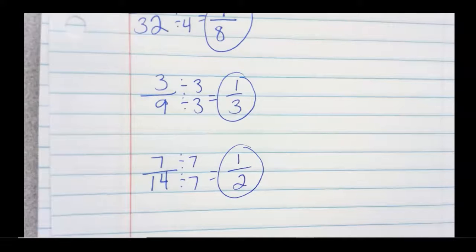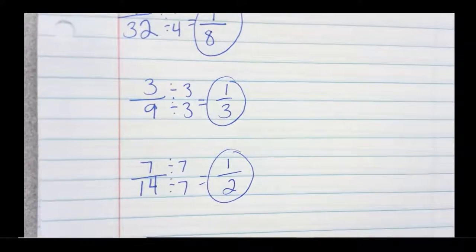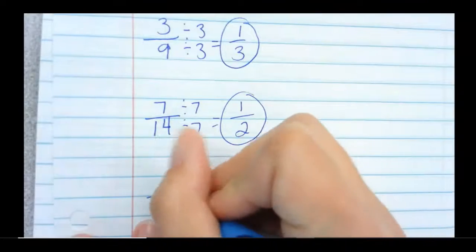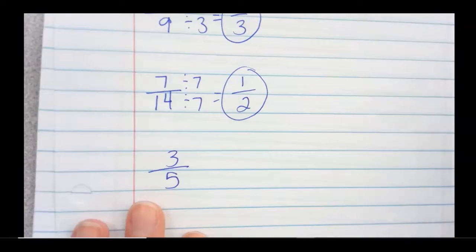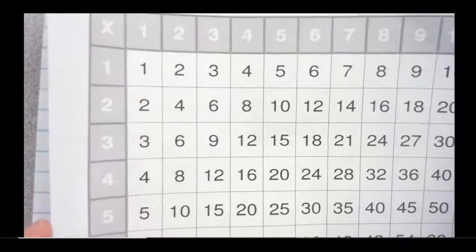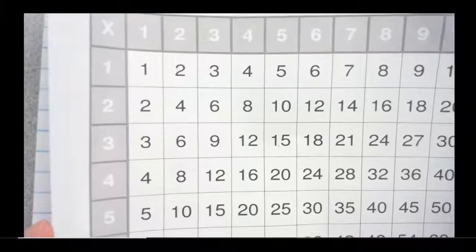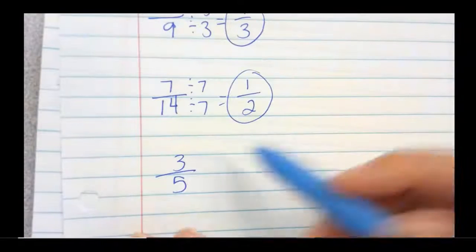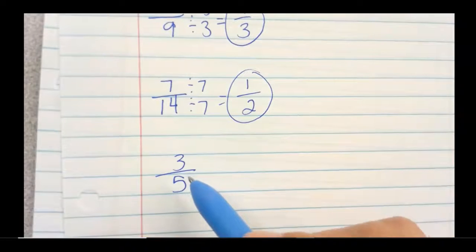Okay. So sometimes you're going to be able to simplify fractions, but sometimes you may not be able to. For example, if we had 3/5, when you are skip counting, are 3 and 5 multiples of any same number? No. So can we simplify 3/5 anymore?